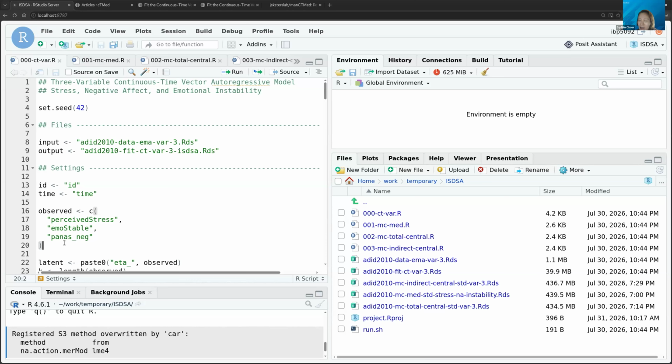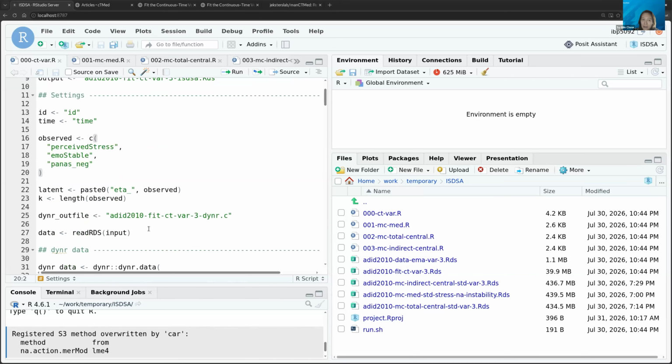And then you have the observed variables, perceived stress, emotional stability, and negative affect, it seems, as the remaining columns. It also sounds like you have utility functions for cleaning up and rescaling the time units to facilitate convergence.